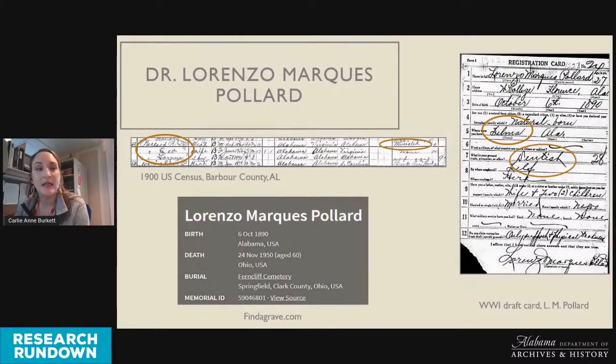RT is listed as his father, and he is a minister. So that starts to build a connection between the two Pollard men living on Laplaslie. But I still want to do more digging. So I found a 1910 census in Dallas County, and Lorenzo is there, and he's listed as a student.